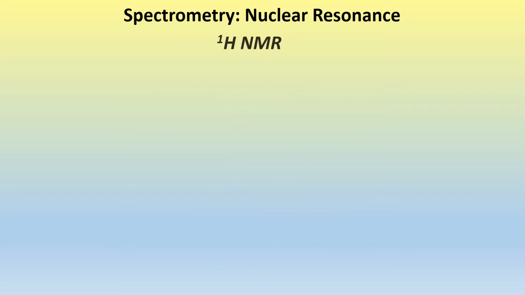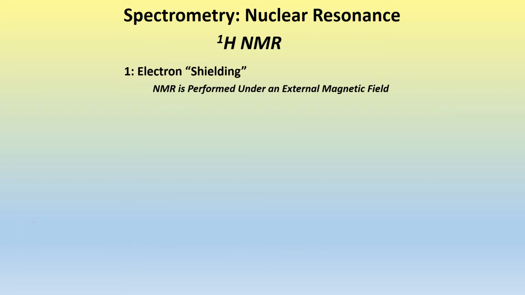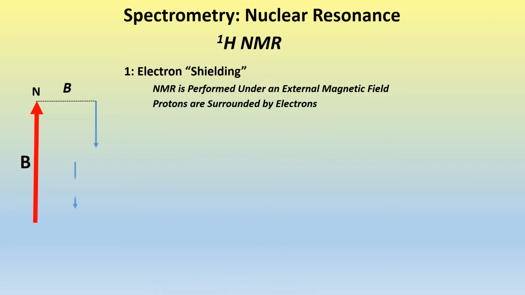Nuclear magnetic resonance is more complicated than electron resonance due to something called shielding. NMR is also performed under an external magnetic field, just as EPR is. However, protons are surrounded by electrons.